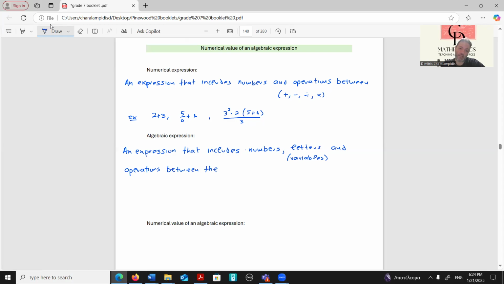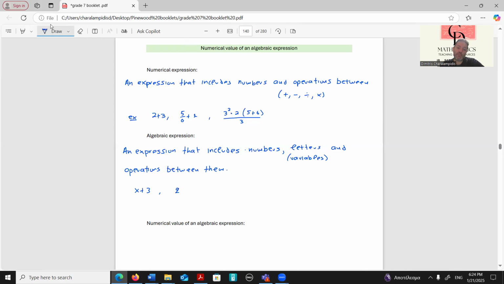So the extra thing here is that we just added letters into mathematics. For instance, x plus 3 is an algebraic expression because it contains a number 3, a letter, which is x, and which is called variable, and an addition between them.